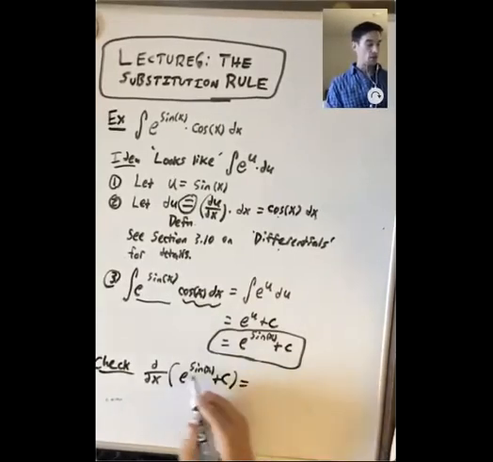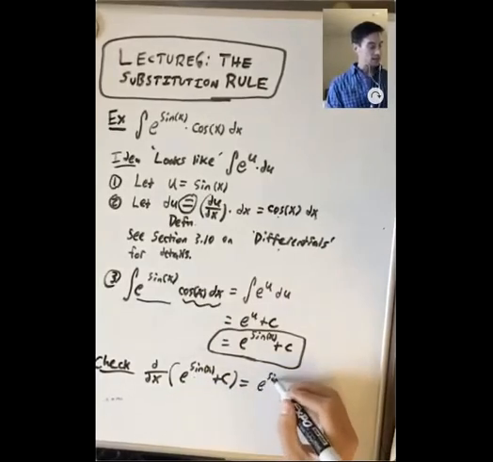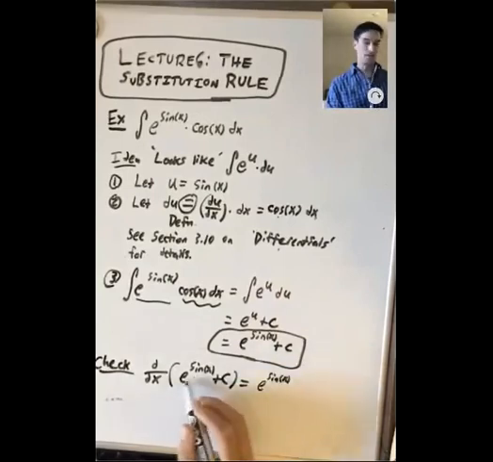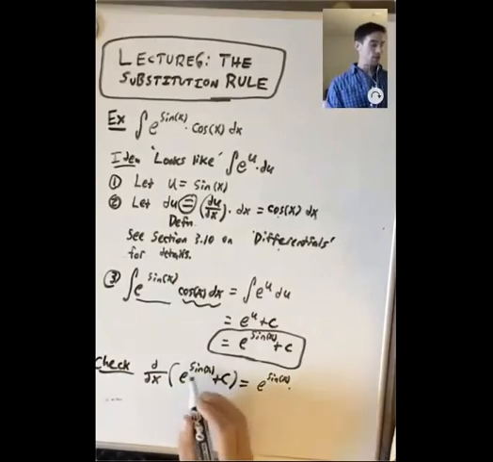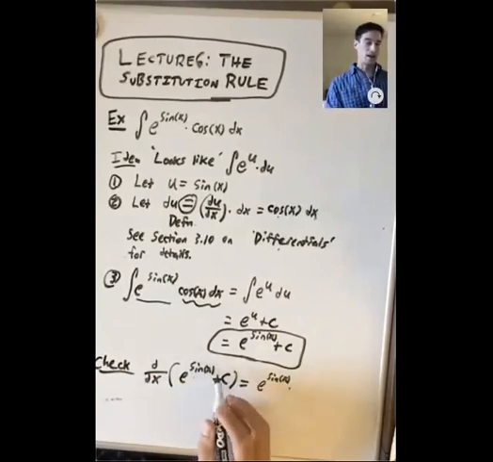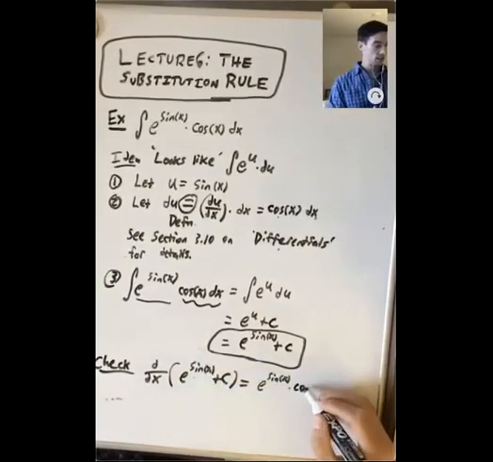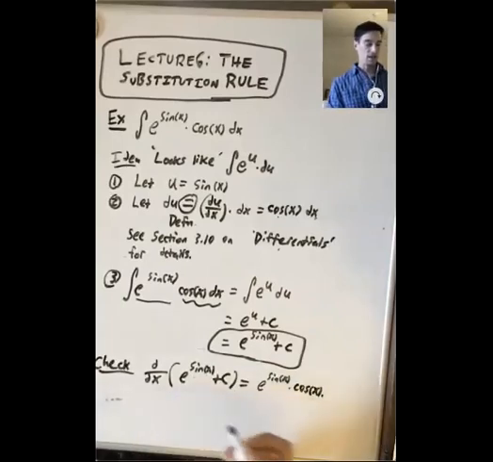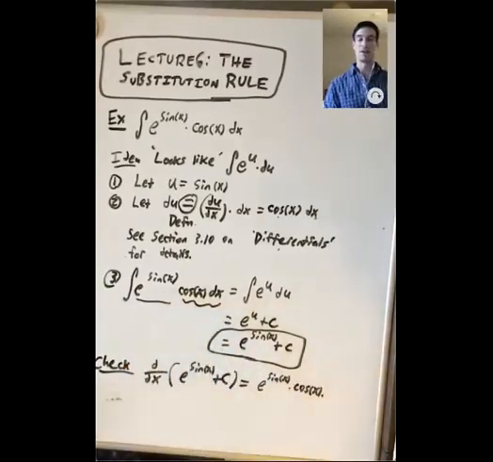What you get applying the chain rule is e to the sine of x, because the derivative of e to the u is e to the u. But with the chain rule, you need an extra factor of the derivative of the inside function, so you pick up a cosine of x. So we see that this does work. E to the sine of x plus c is an antiderivative of the function that we started with.